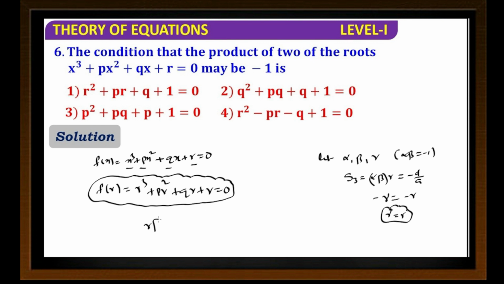If you take r common, r square plus p r plus q plus 1 equals 0. So the required condition is r square plus pr plus q plus 1 equals 0. So the first option is the right option.